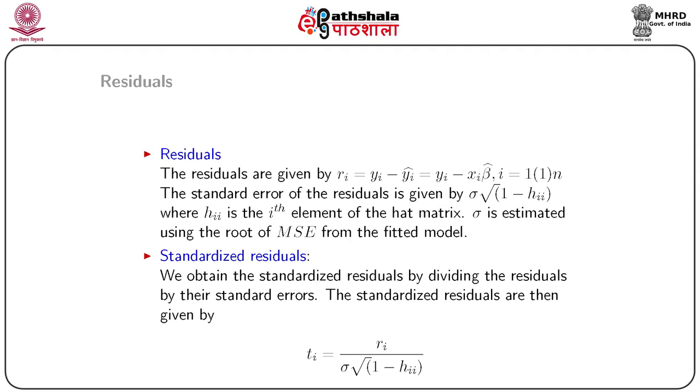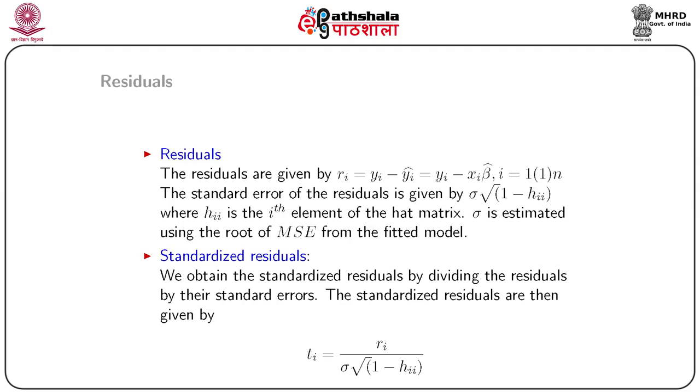The standard error of the residuals is given by sigma times square root of 1 minus hii, where hii is the ith diagonal element of the hat matrix and sigma is estimated using the root mean square error, or MSE, from the fitted model.